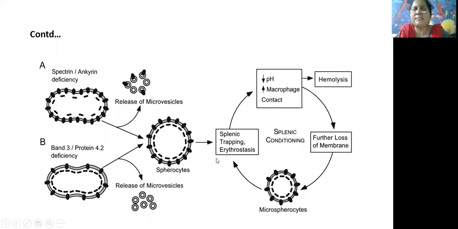That is, they stagnate there. Because of that, reduced pH, and they come in contact with the macrophage, either hemolysis occurs or some of them, in the initial stages, circulate again and further lose membrane, and microspherocytes, small ones, are produced. All this happens within the spleen.